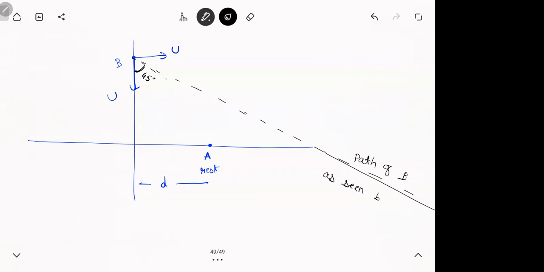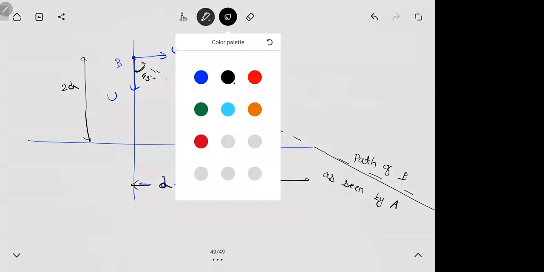A thinks B is not going down, B is going at an angle. Fair enough? And that is 45. This is 2d. Then this also should be d, because that is 45. This total is also 2d. Tell me one thing.